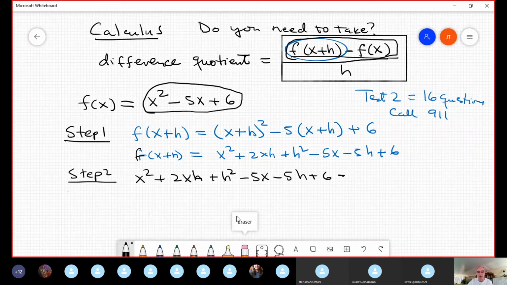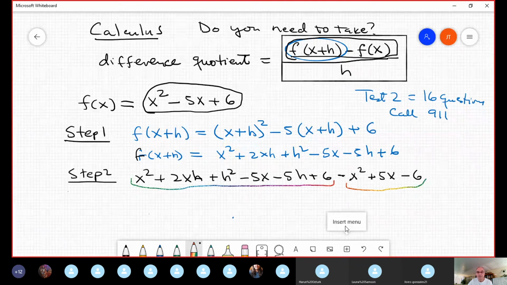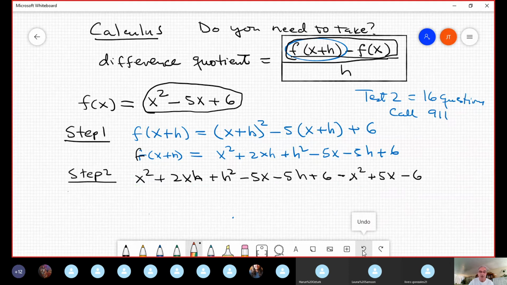This is f of x, the original. When you subtract it, you change the sign. It's minus x squared plus 5x minus 6. Do you understand this one? I copy step one again. This was the answer for step one here, and this is the original. I change the sign because I am subtracting. So at that moment it is important because almost everything is canceled.